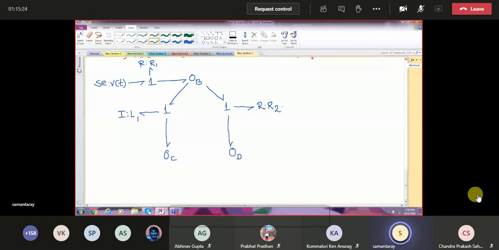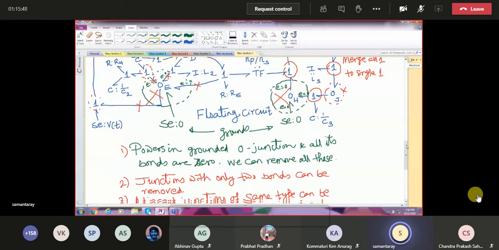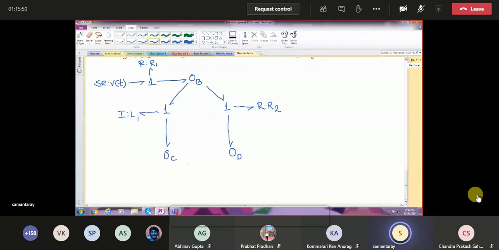Now look at this one. This 1 junction between 0C and 0D, I bring it down, and then model this P1 and R3 there. So next is the 1 junction between 0C and 0D. I put it here.